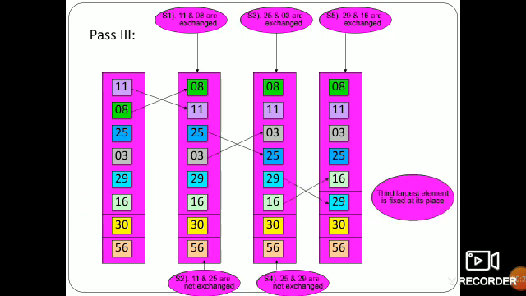So the third largest number is fixed at its place. After completion of the third pass, we fix the next largest number, that is the third largest number in the array. And so on, we have to sort.